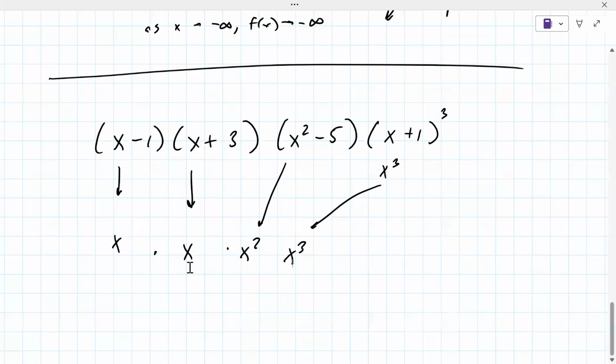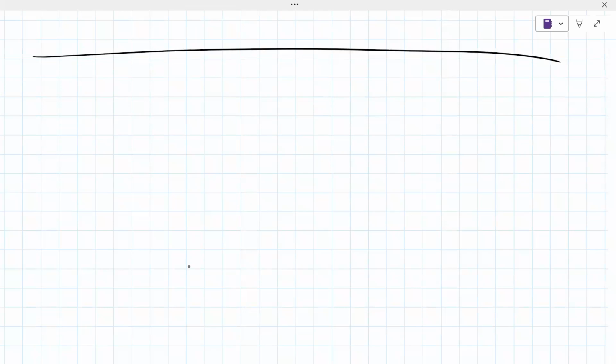All right. So let me try to give you one to see if you've got this down. Let's say it's x cubed minus 5 times x plus 1 squared times x minus 4.